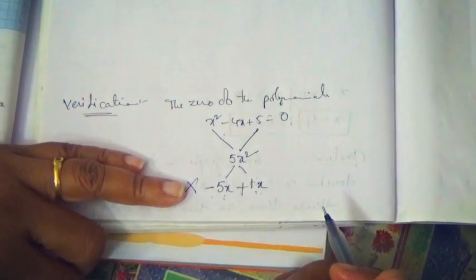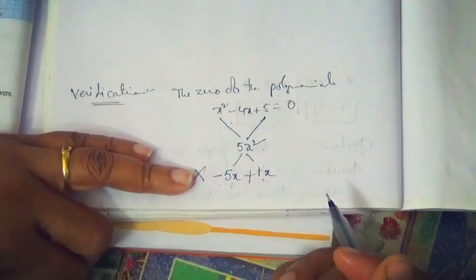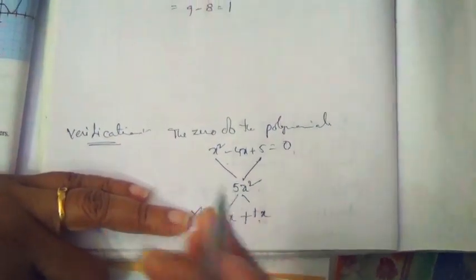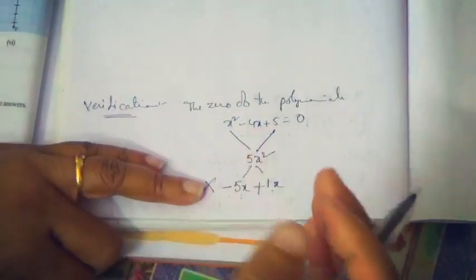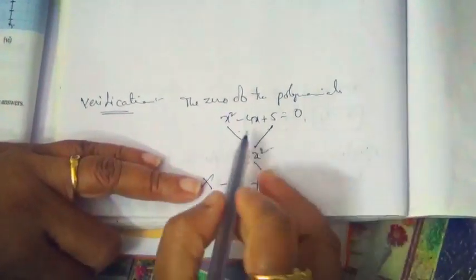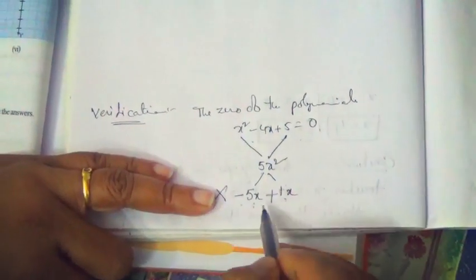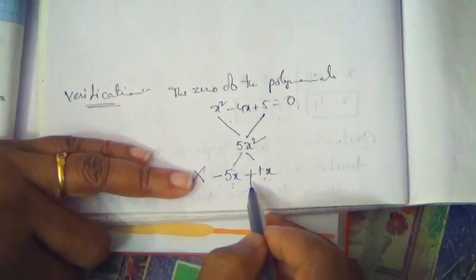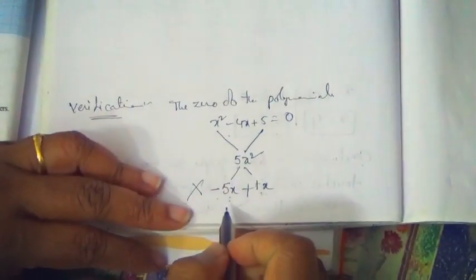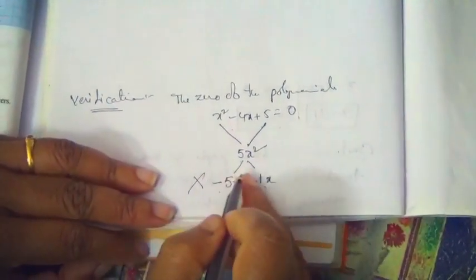Is there any solution? Yes, there is a solution, but in your 5th chapter, that kind of polynomial we will solve using different methods. At that chapter I'll explain how we have to solve this kind of polynomial. But here, by this verification we shouldn't get any values for x.